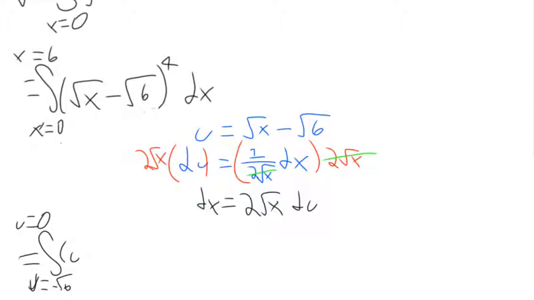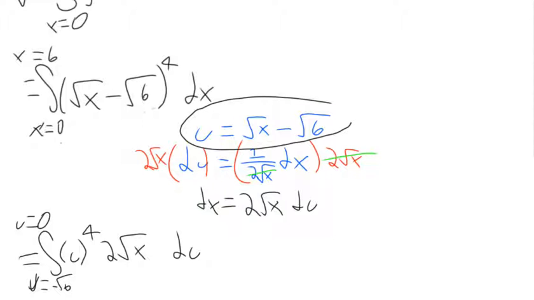And then here we have u inside, and then we raise that to the 4th power. That's this part. And then the dx is 2 times the square root of x times du. But let me leave a little more space here, because we're having trouble here. We have the square root of x, but we're in terms of u. But I can use this to solve for the square root of x.